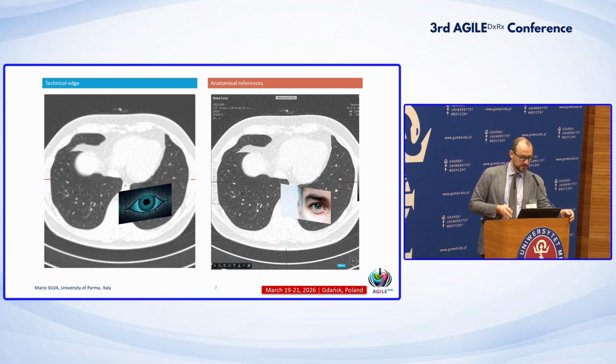This is what we do in our program in Parma. This is the one that you want to look at for I-LAA or other things that go on in the lung beyond lung cancer. And this other one is the one that you look at for measuring nodules, measuring emphysema, and so on.